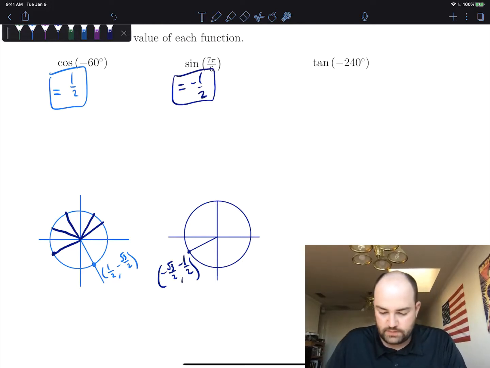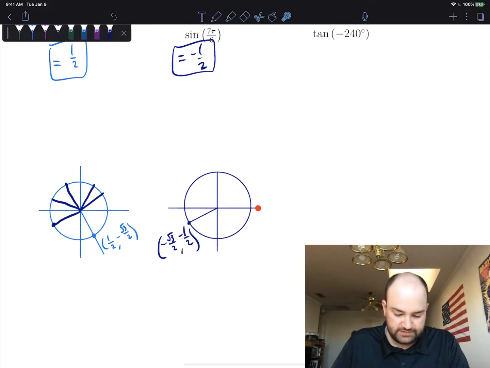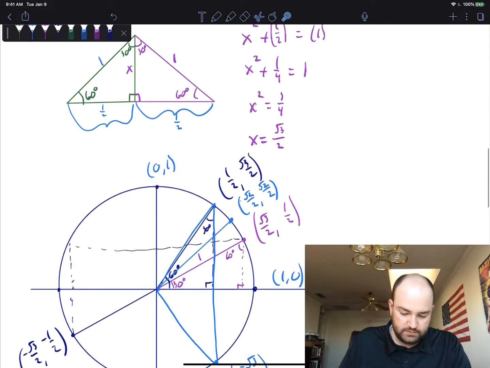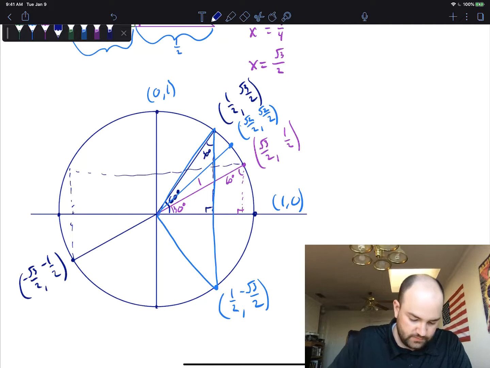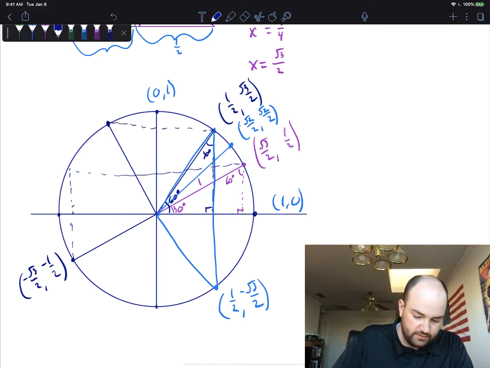Good. Now tangent of negative 240 degrees. 0 degrees, negative 90, negative 180, negative 270. So it's 60 degrees more than this right here. So it's going to be that angle right there. And notice that that angle right there is a reflection of that one right there, which gives us negative 1/2, positive root 3 over 2.